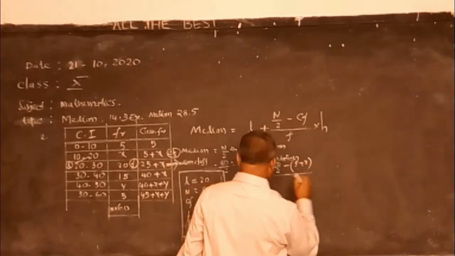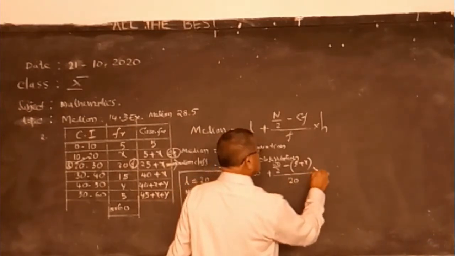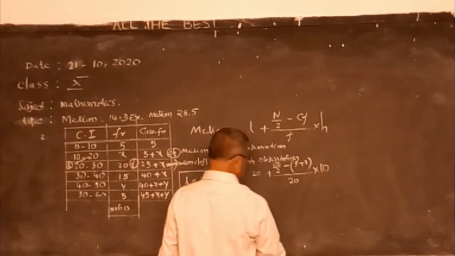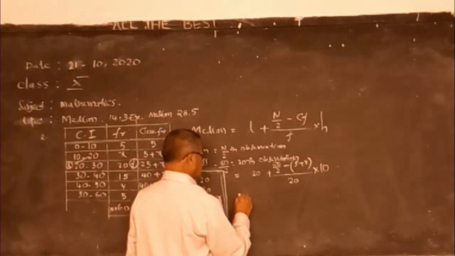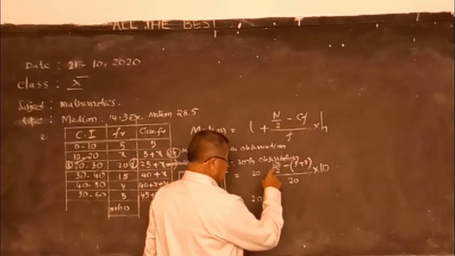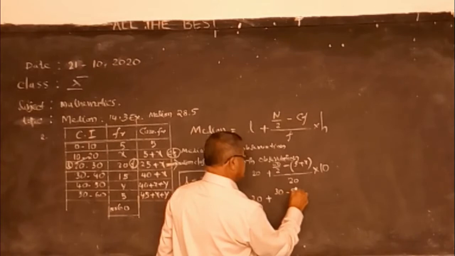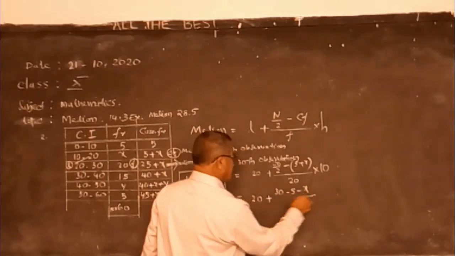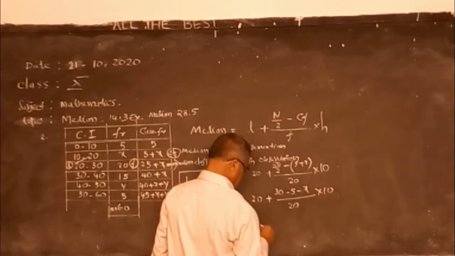by f, 20, into height of the class, which is 10. Now 20 plus 30 minus 5 minus x by 20 into 10.